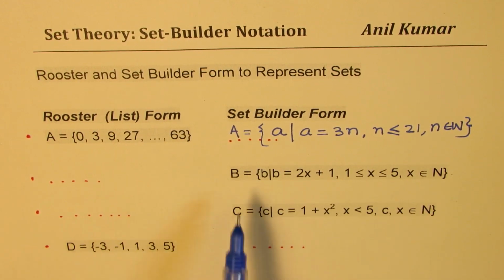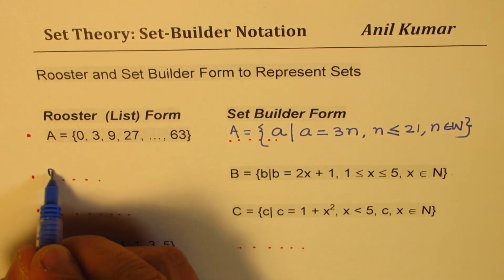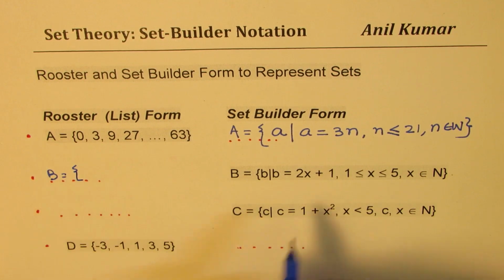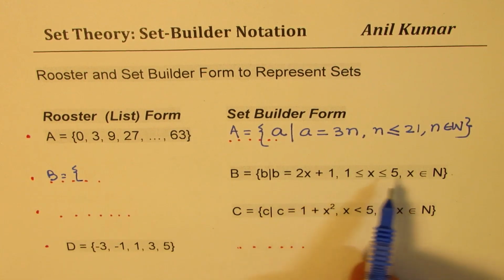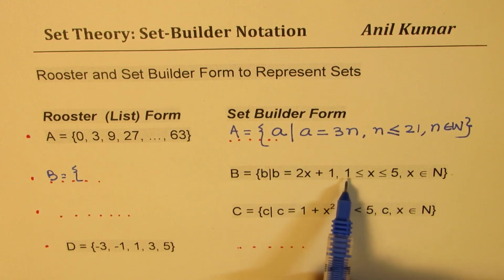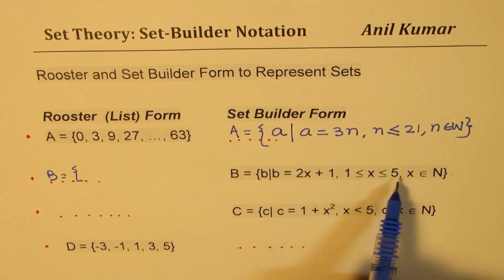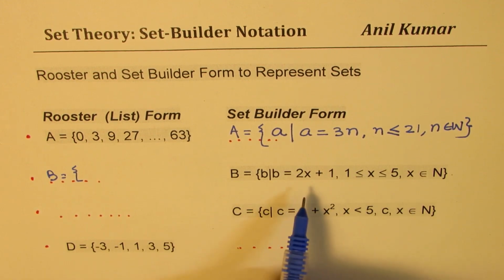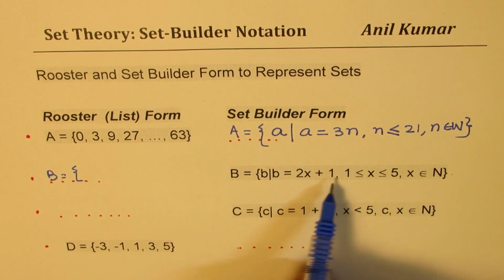Okay, set B. For set B, we need to list all the elements from the properties given. B equals 2x plus 1, where x is greater than or equal to 1. That means 1 is included and 5 is also included. All natural numbers 1 to 5. If I substitute 1 here, 2 times 1 is 2, 2 plus 1 is 3.